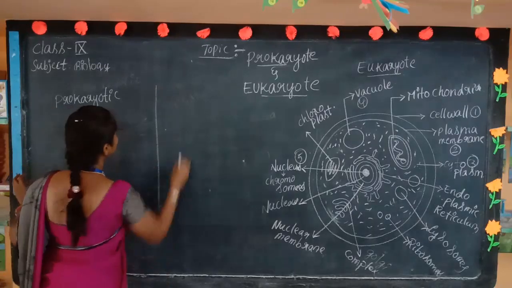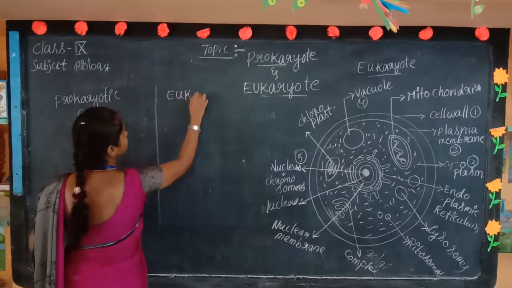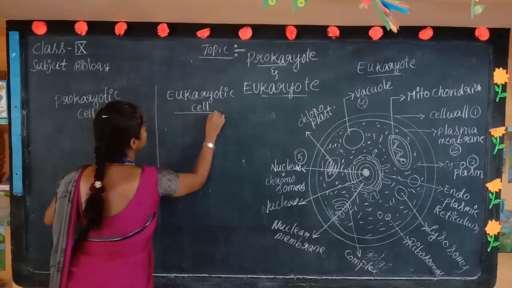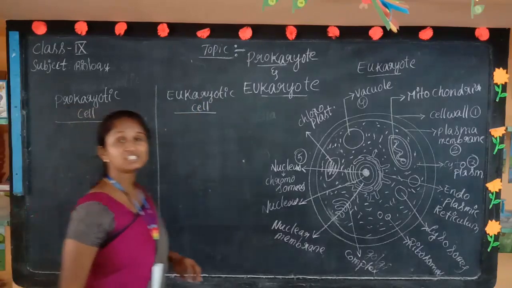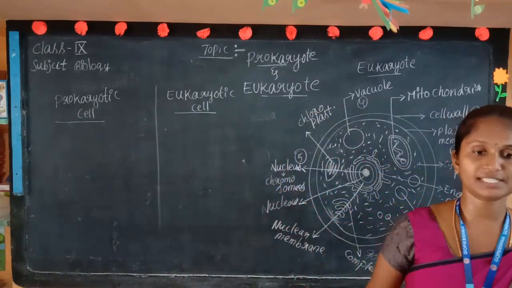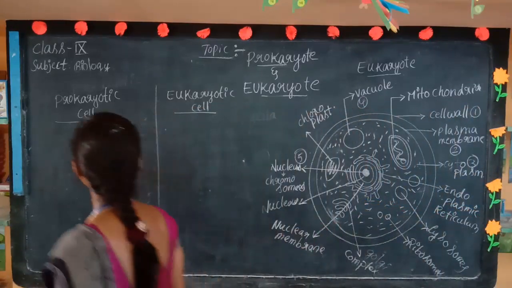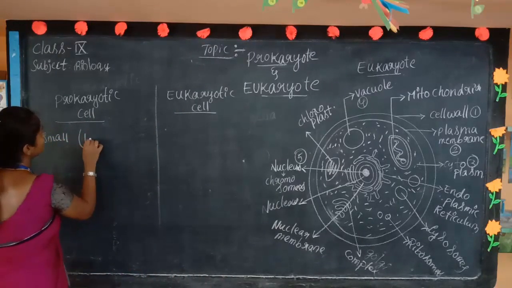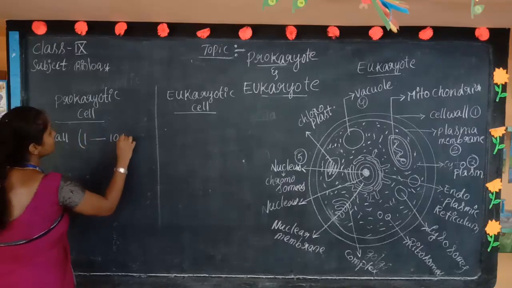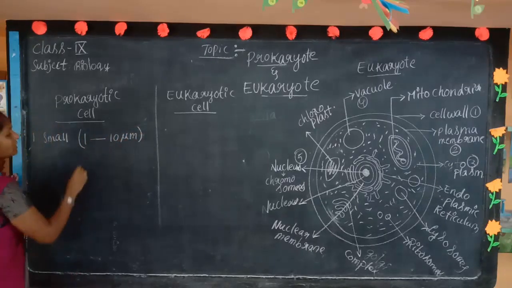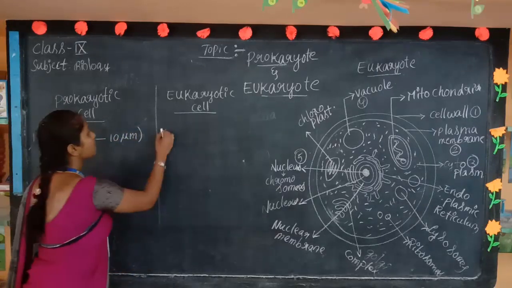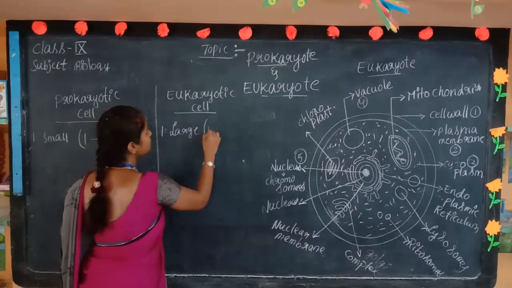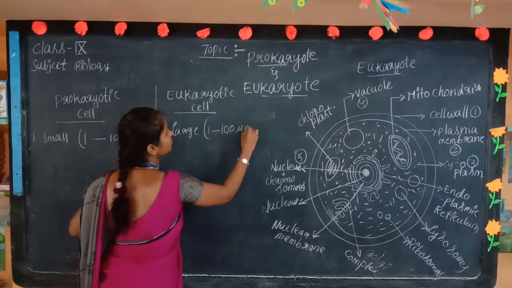Prokaryotic cell, eukaryotic cell. First, based on the size. The size of prokaryotic is very small, generally from 1 to 10 micrometers. But the size here is large, generally from 1 to 100 micrometers.